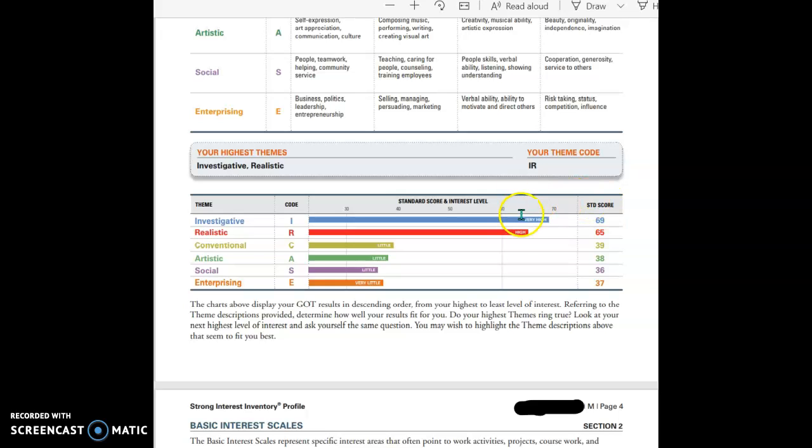So the word descriptors within the graph are only comparing your results to the results of those of the same gender. That is why some of you may have a standardized score in one category that's interpreted as high, and in another category interpreted as moderate or another descriptor. Once again, the score compares you to everyone, and the descriptors compare you to your own gender only.